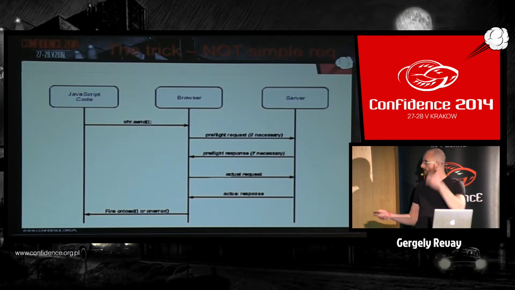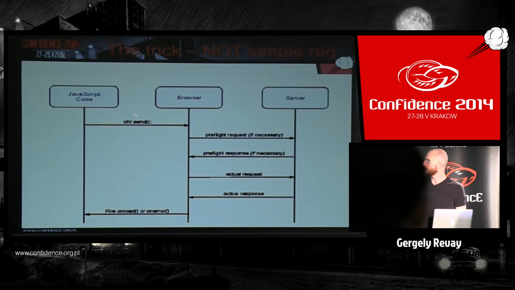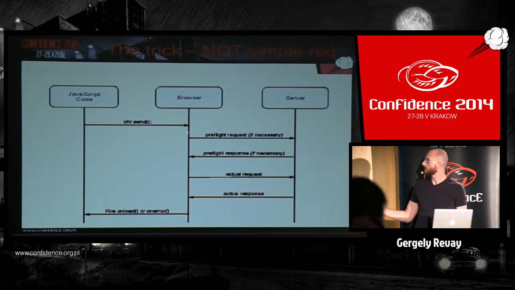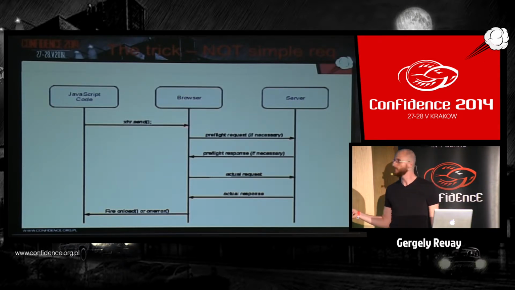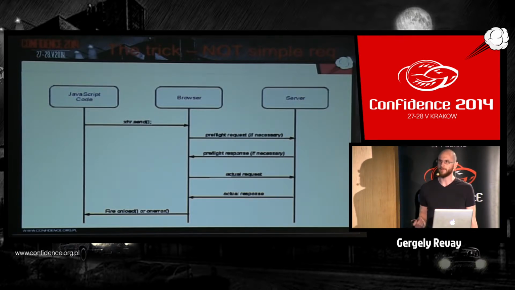So you see here, this is an XML HTTP request. You say here, send this request. Then the browser checks the rules. It finds out that this is not a simple request. Then it has to discuss it somehow with the server what to do in this case. So the browser will send a pre-flight request to the server, actually asking the server whether such a request like yours is allowed or not.